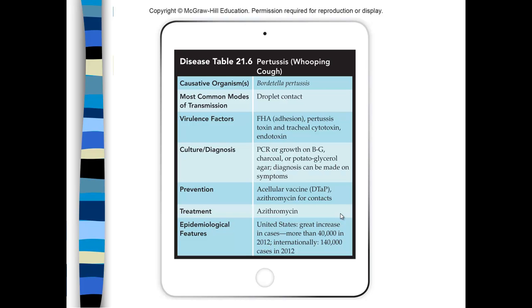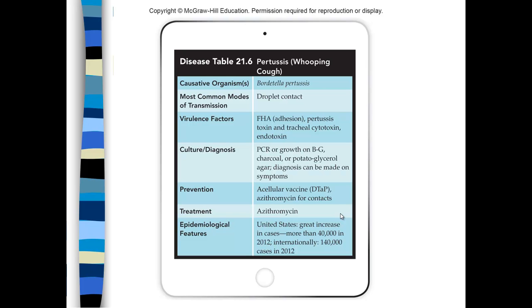And here's just our run up on this. Virulence factors are the filamentous hemagglutinin antigen, pertussis toxin, tracheal cytotoxin, which causes the cilia on cells to be destroyed, and endotoxin. Okay.